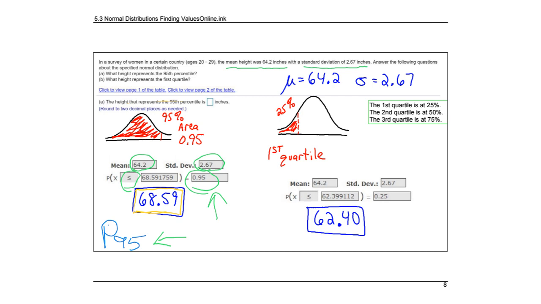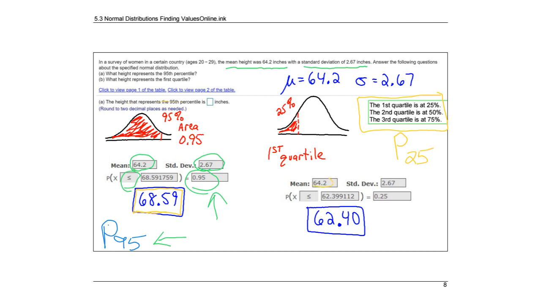The other one asks me to find what height represents the first quartile. So remember, with our quartiles, that's going to be 25%, 50%, and 75%. Because it's the first quartile, I'm really finding the 25th percentile. And so I'm going to do the same thing. I'm going to head to the left because it didn't tell me otherwise, and it said the first quartile.